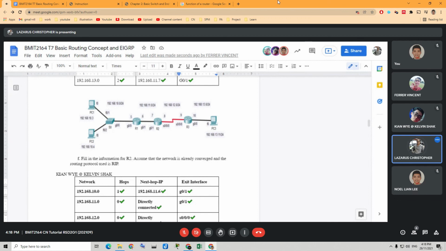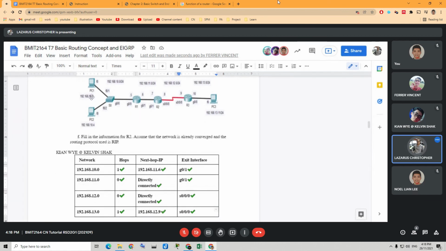The lesson you learn here can be useful when you're configuring in Packet Tracer. Sometimes the statement just says the next hop IP from R1 is this, then you know how to read the topology.